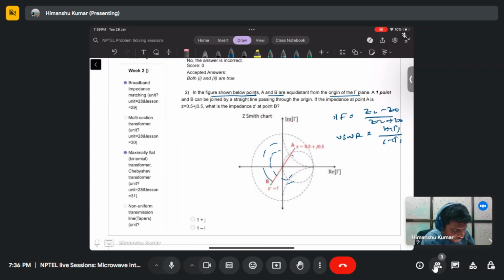In this problem, two equidistant points, A and B, are given in the gamma plane, which can be joined by a straight line passing through the origin.